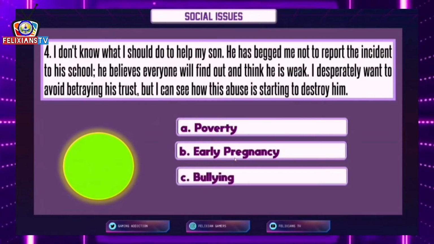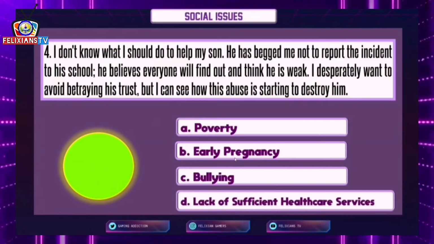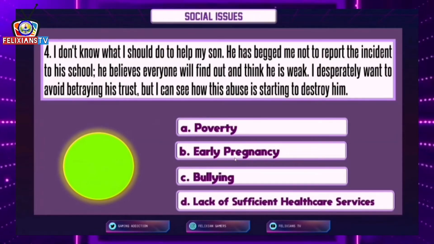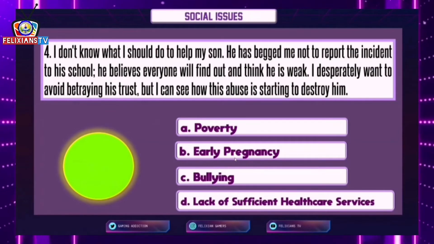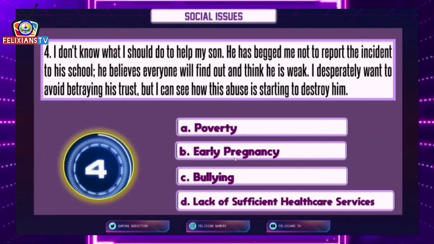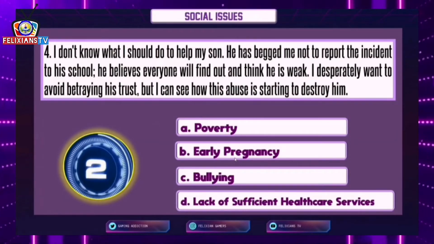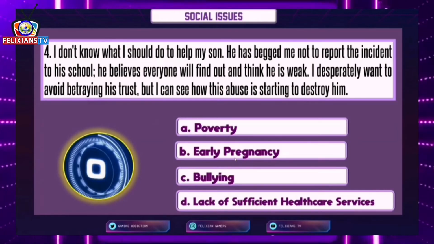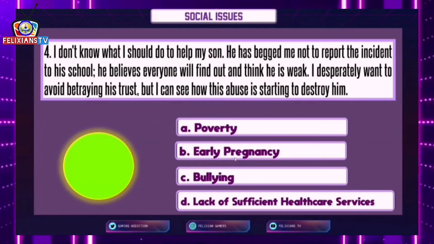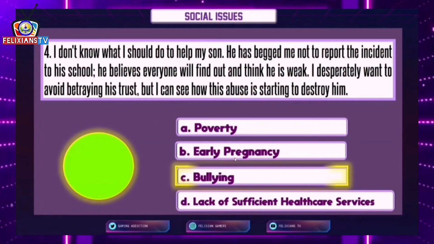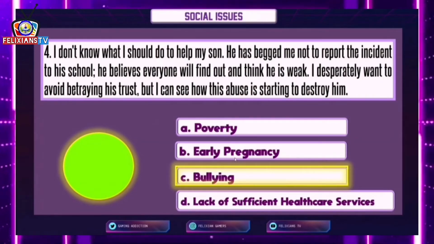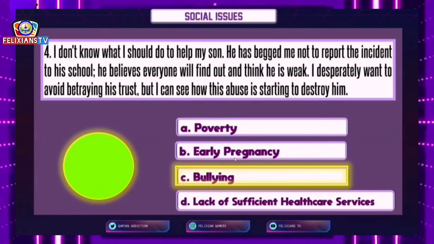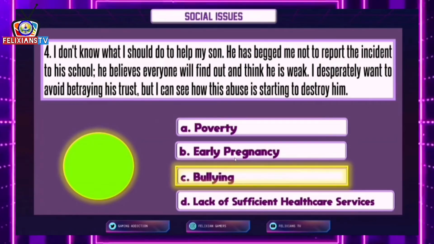C. Bullying. D. Lack of sufficient healthcare services. And the correct answer is letter C. Good thinking.